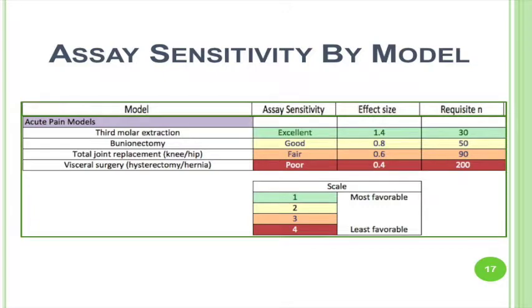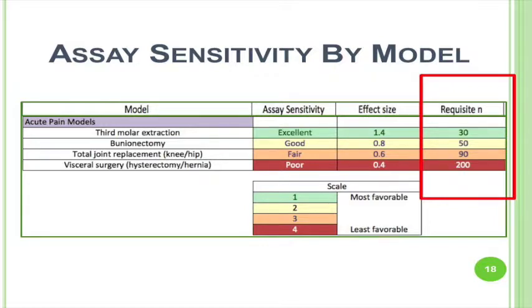This next slide is essentially the data from the previous slide with one new column, which is requisite N. If one wishes to have 80% power to obtain a p-value of 0.5, and you know the predicted effect size of your experiment, you can calculate the requisite N. The N is inversely proportional to the square of the standardized effect size, and therefore small changes in the standardized effect size can have major differences, as we see here with third molar extraction versus visceral surgery or soft tissue surgery.